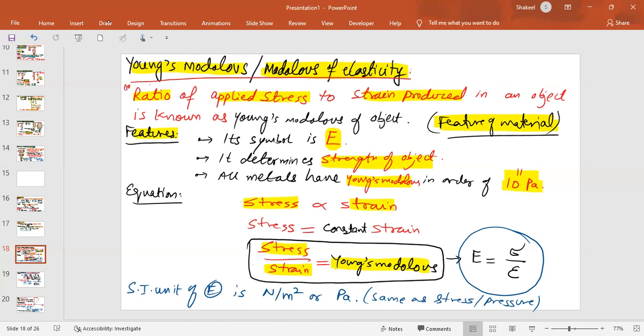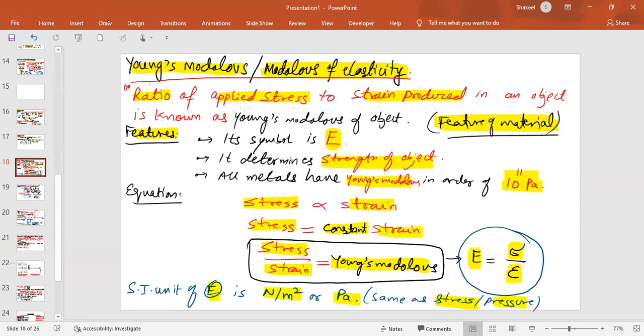If you apply greater stress, greater strain will be produced, similar to force and extension. So stress equals a constant times strain, and this constant is Young modulus, whose symbol is E. So E is stress over strain. The unit for E is Newton per meter square, or Pascal, same as stress or pressure, because strain does not have any unit.